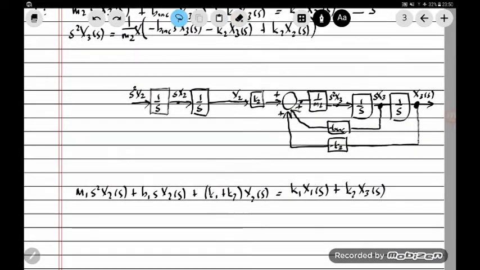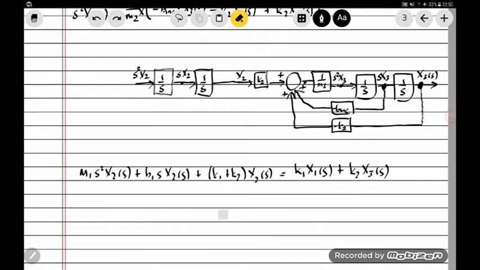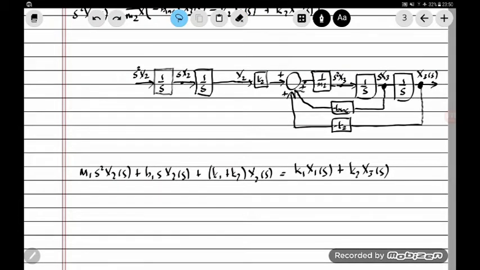Next I will solve again this model for s squared x2, as this is the signal there.